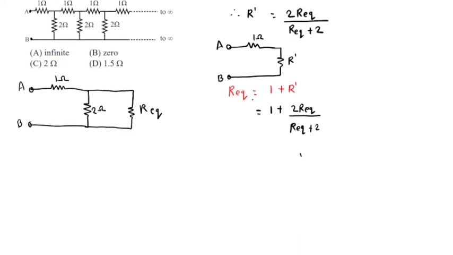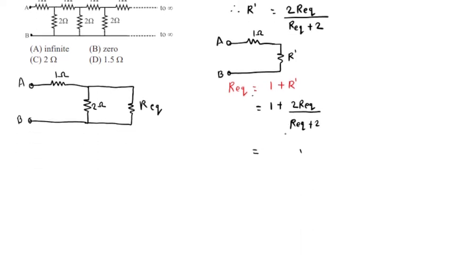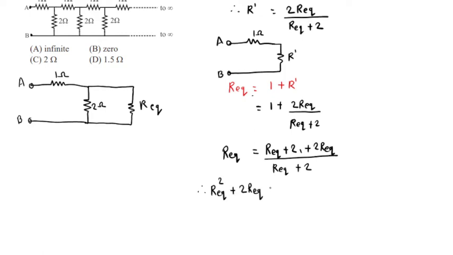Okay. After that, again do cross multiplication. 1 multiplied by this whole denominator gives R equivalent plus 2 plus 2 R equivalent, divided by R equivalent plus 2, which is equal to R equivalent. Now multiply this denominator with the left-hand side. So R equivalent and R equivalent become R equivalent square plus 2 R equivalent, equal to R equivalent plus 2 plus 2 R equivalent.